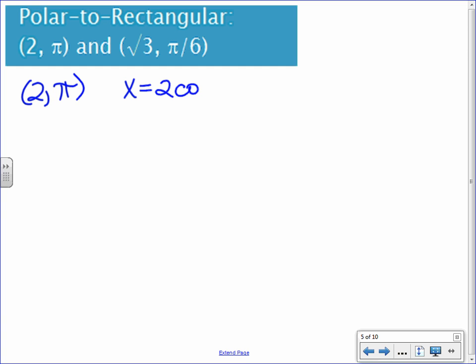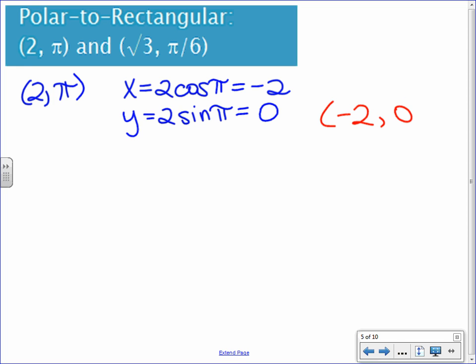R cosine theta, right? What's the cosine of pi? -1. So x is -2. Y is r times the sine of theta. Sine of pi is 0. So our coordinate is -2, 0.